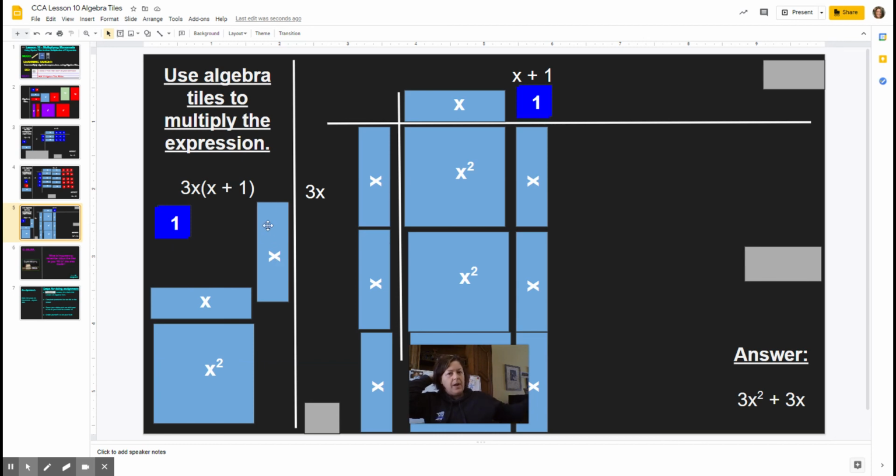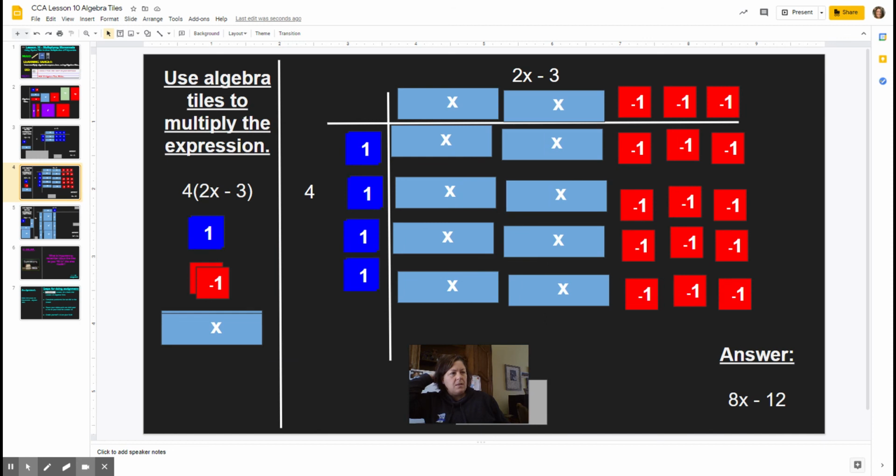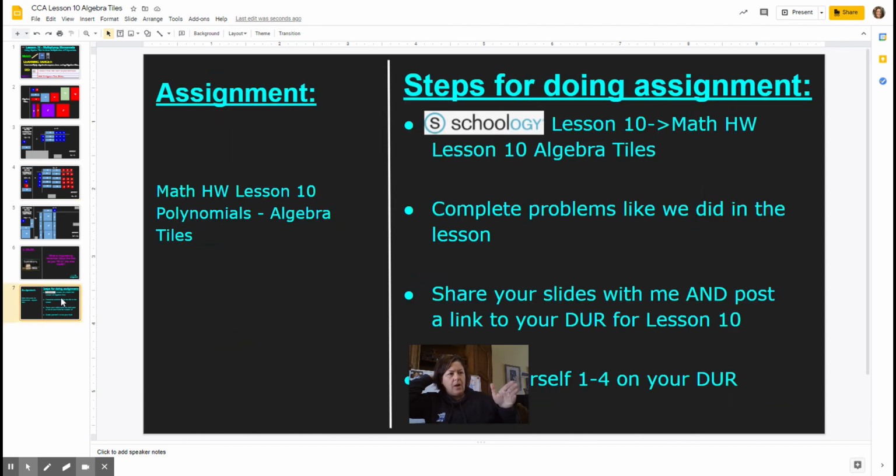So you'll be able to drag and drop from those piles, and then you could use the shortcut like I showed you back here on slide 2 or slide 4, example 2. Otherwise, you should have plenty of tiles to drag and drop from. So we've got about 10 minutes left in class. I'm going to leave you here.